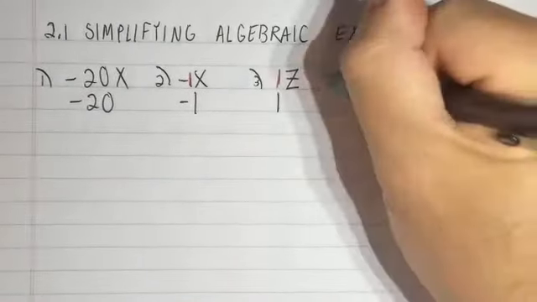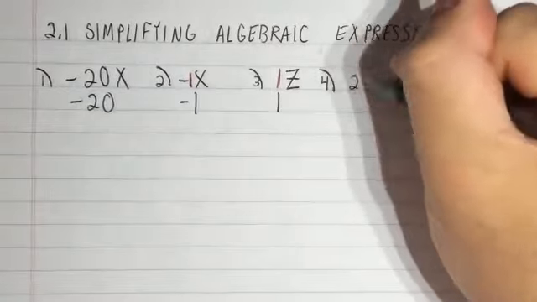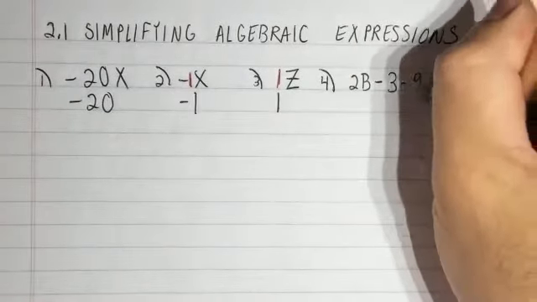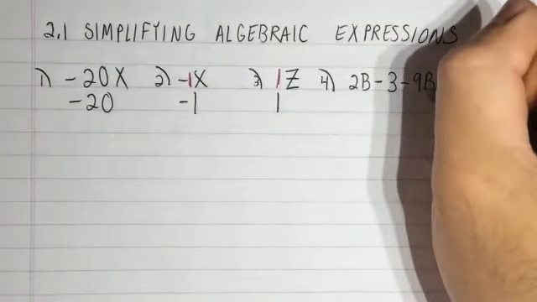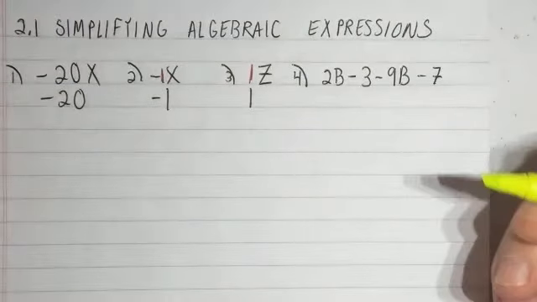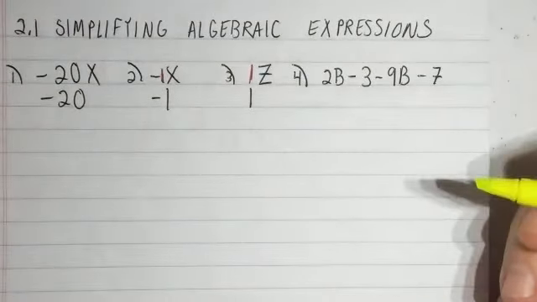So next example would be, all right. So first thing we want to do is look at our like terms. And what we know is like terms, they must have the same variable, and those variables must have the same power.